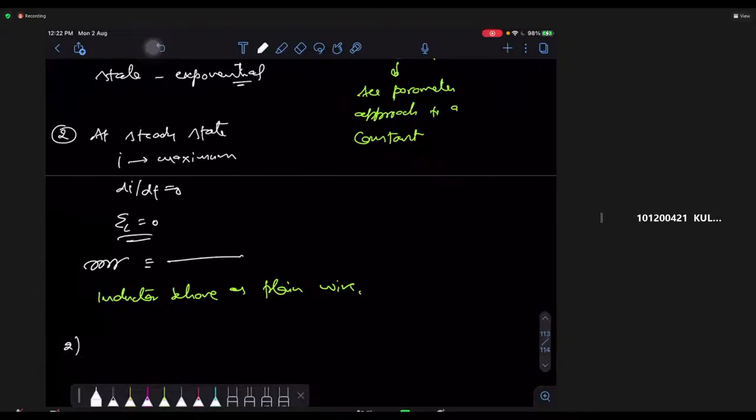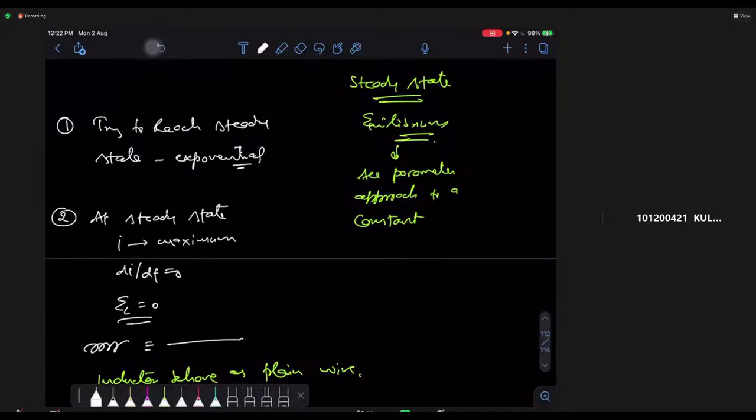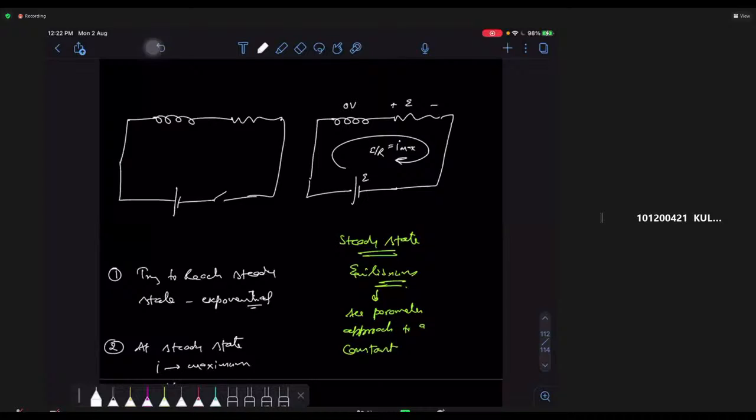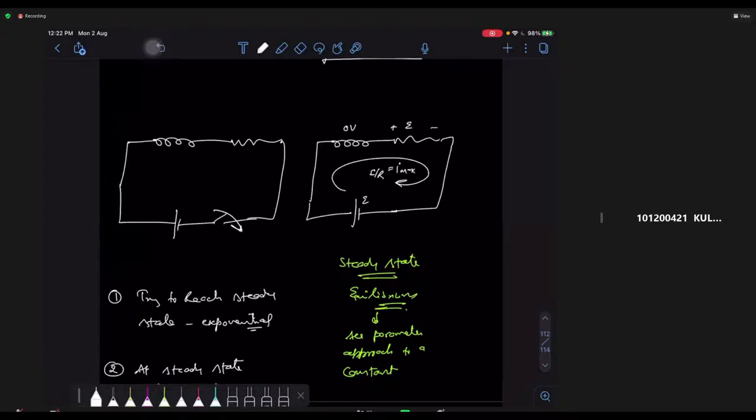So in the beginning, how is it behaving? Initially, when the switch is about to be closed, just before the switch is closed, current was 0. And the inductor doesn't suddenly change the current. It will slowly increase the current. Whenever you try to change the current, the inductor does not allow a sudden change.